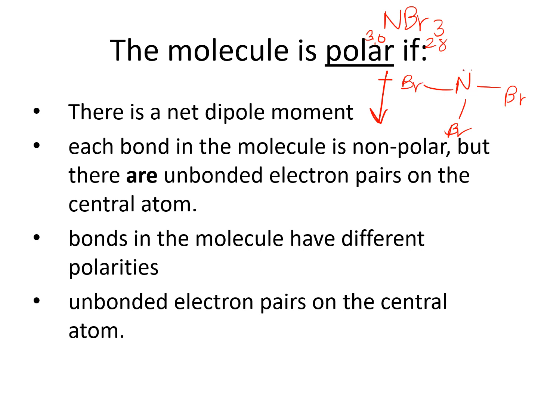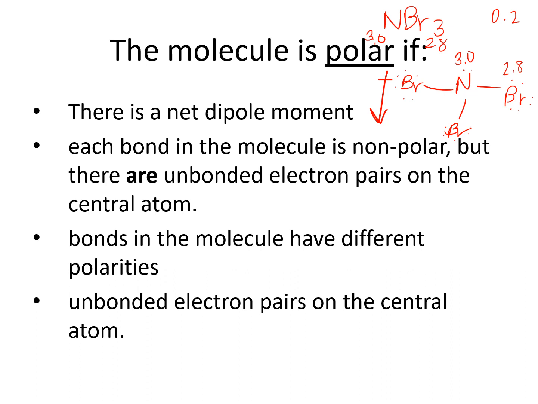I'm going to go ahead and draw the electrons real quick. Now, when we look at the electronegativity values, nitrogen is a 3.0. Bromine is 2.8. When we subtract those values, we get 0.2. Remember, it has to be 0.5 or greater to be considered polar.